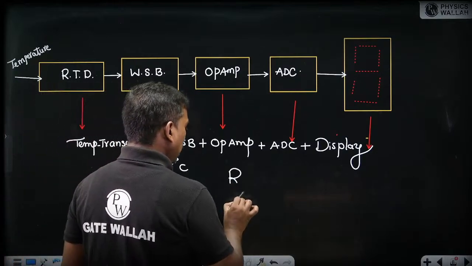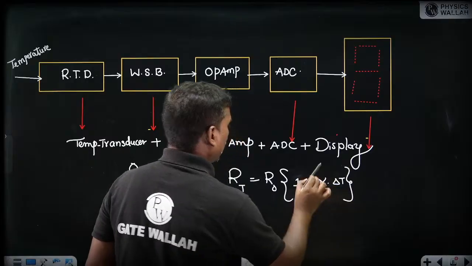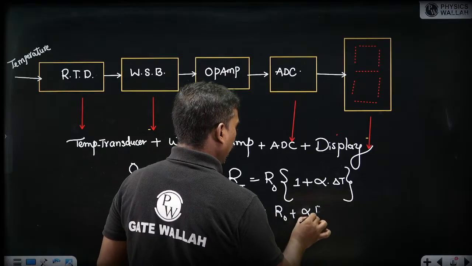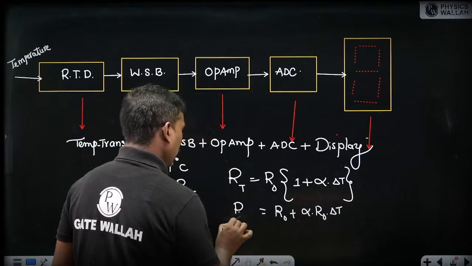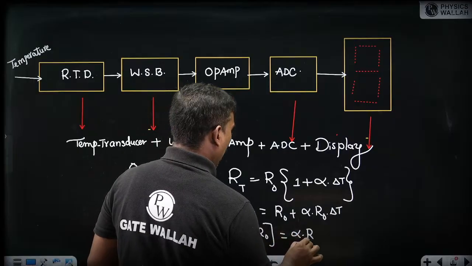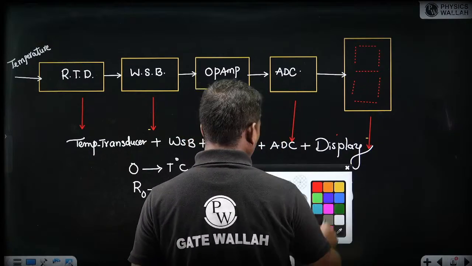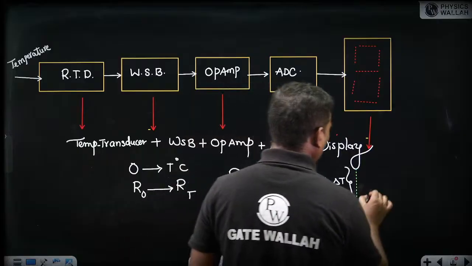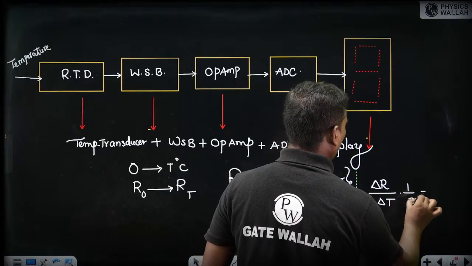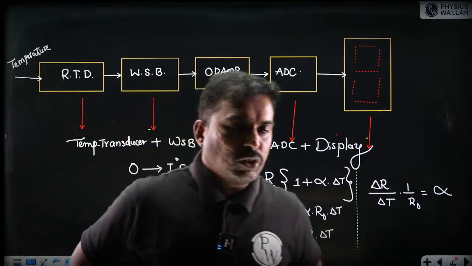So RT is given as R0 into 1 plus alpha delta T. Now this is R0 plus alpha R0 delta T. So RT minus R0 is equal to alpha R0 delta T. If I take the change in resistance by change in temperature into 1 by R0, that is alpha, which we call the temperature coefficient of resistance.